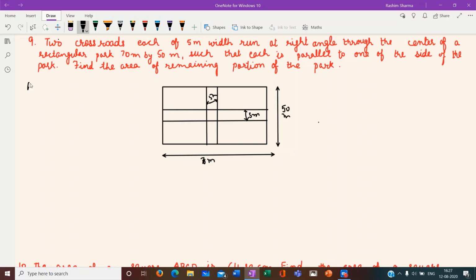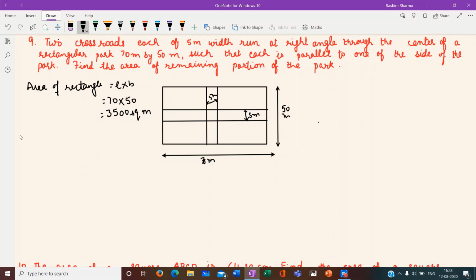So area of rectangle is equal to length into breadth. We get 70 by 50, 3500 square meter is the area of the rectangle. Now we can see this is the horizontal part, the horizontal row.